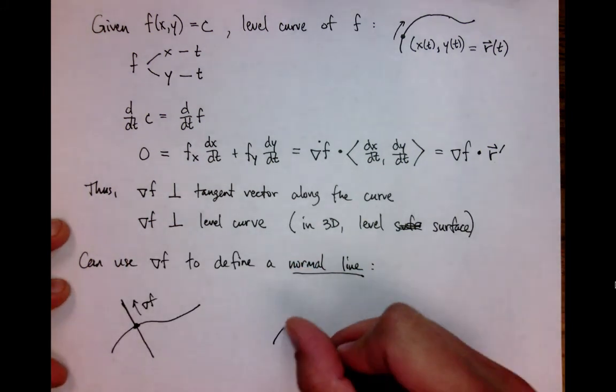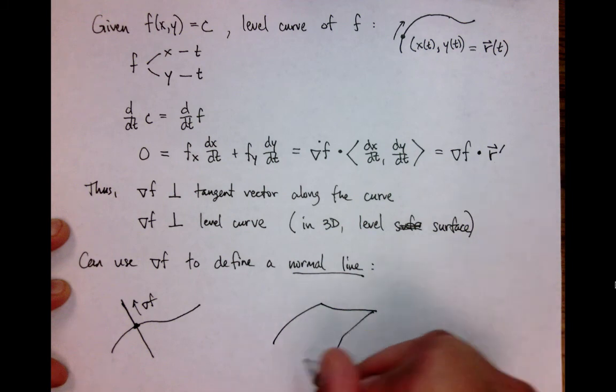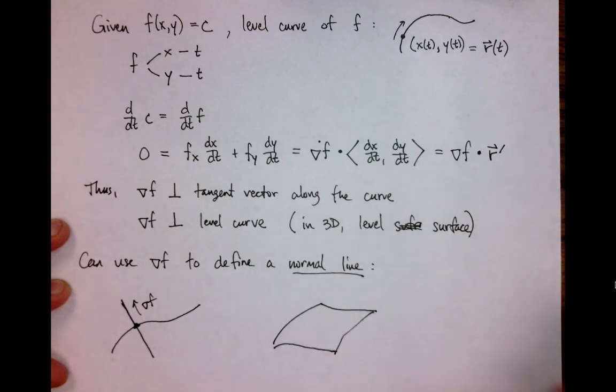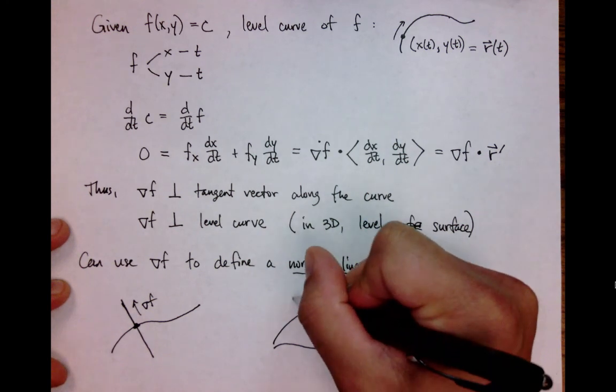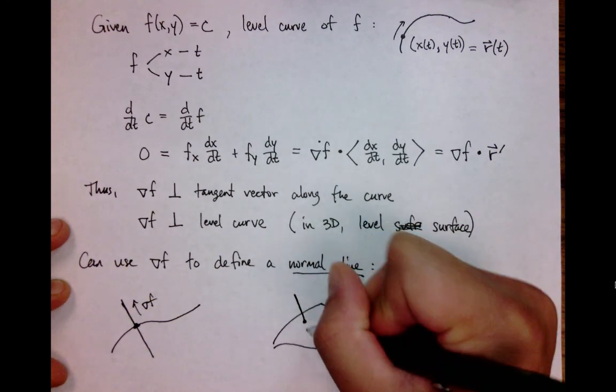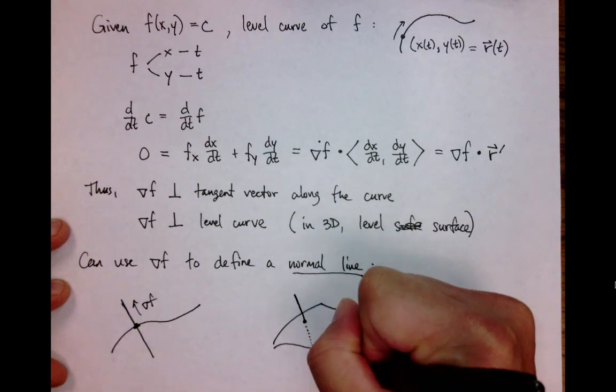Or if we have a surface and some point on the surface, we have a gradient which tells us the direction of the normal line.